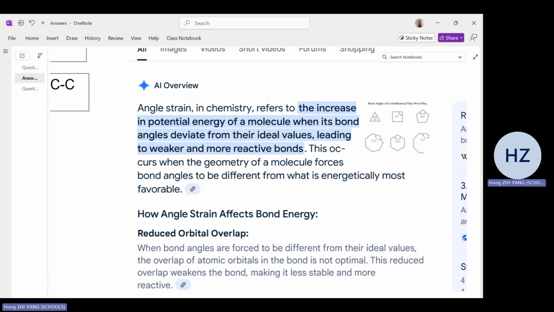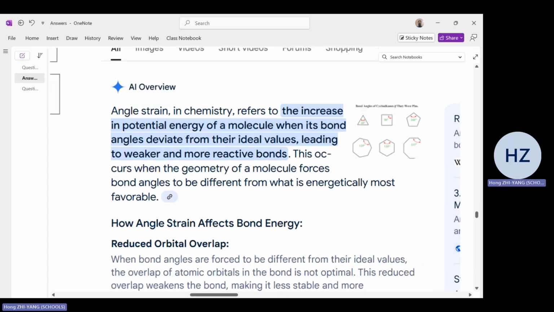Your understanding from VSEPR says that it tries to go for its ideal bond angle. So which is what? Tetrahedral, what's the bond angle? 109.5, right? Trigonal planar? 120, right? That's the whole idea. But if the angle is too small or too wide, it's no good.